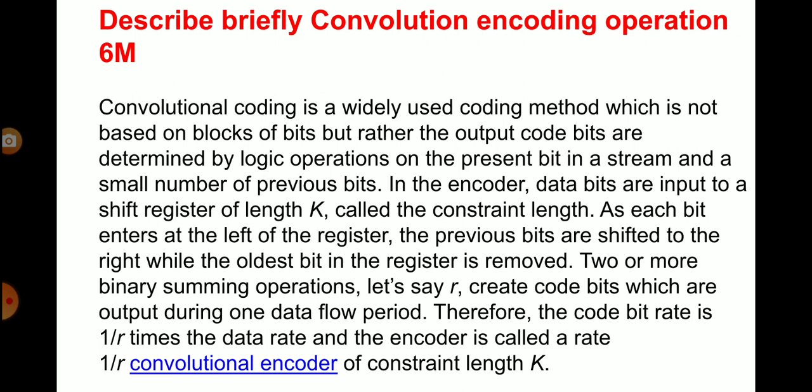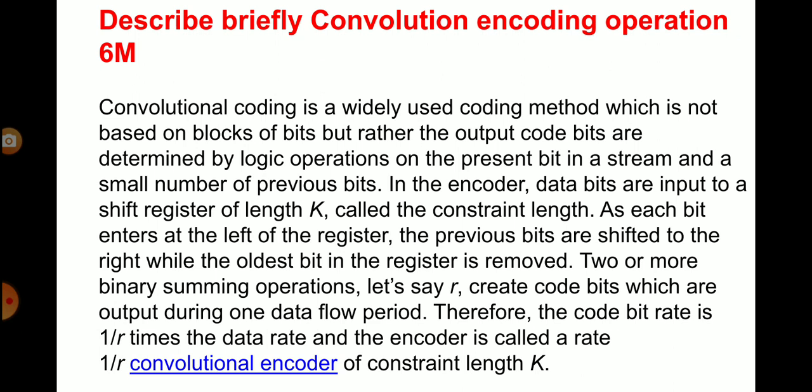In the encoder, data bits are input to a shift register of length k called the constraint length. As each bit enters at the left of the register, the previous bits are shifted to the right while the oldest bit in the register is removed.